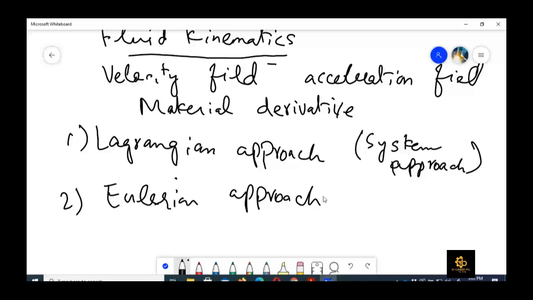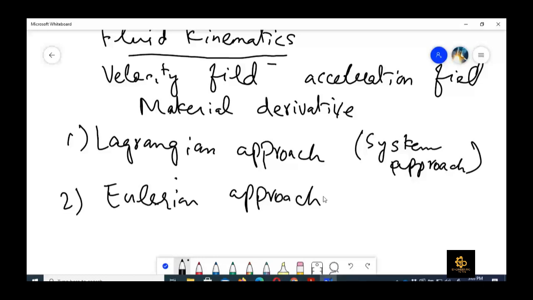If I give you a practical example to differentiate between these two approaches, if you ever ride a bike or a car, you can see a speedometer in front of it. It gives us the real time value for the velocity or speed of the vehicle. So that is basically the Lagrangian approach.